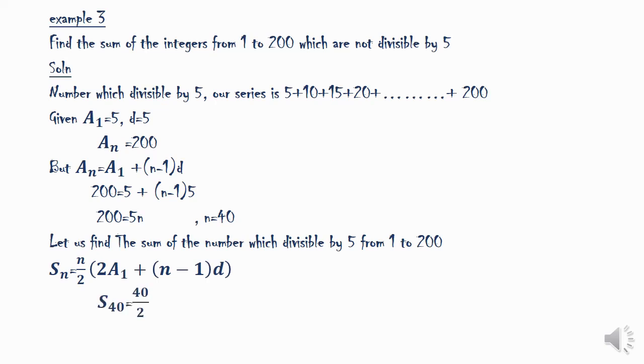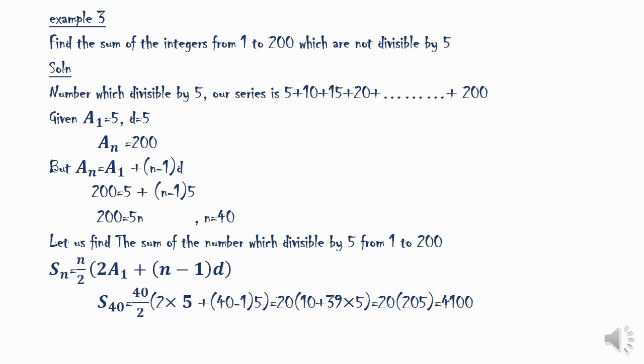So the sum of the 40 terms which are divisible by 5 is equal to n over 2, times the first term, which is 5 as you see there, plus the number of terms 40 minus 1 times 5. 40 divided by 2, ukigawanya 40 kwa 2, you get 20. 20 bracket 2 times 5 you get 10. 40 minus 1 you get 39. 39 times 5 is 195, and 10 plus 195 is 205.